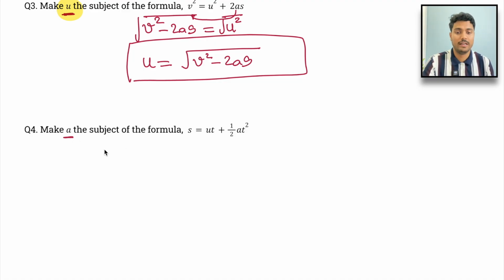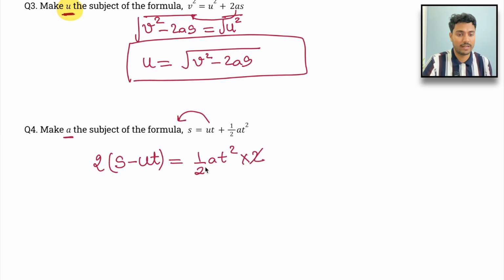Question number 4. It says make a the subject of the formula. We have s equals ut plus half at square. So okay, let's transpose the additional terms to the other side. So we can write s minus ut is equal to half at square. Now here we have an additional t square multiplied by a and also divided by 2. So we'll multiply by 2 both the sides, so that 2 will cancel out here.